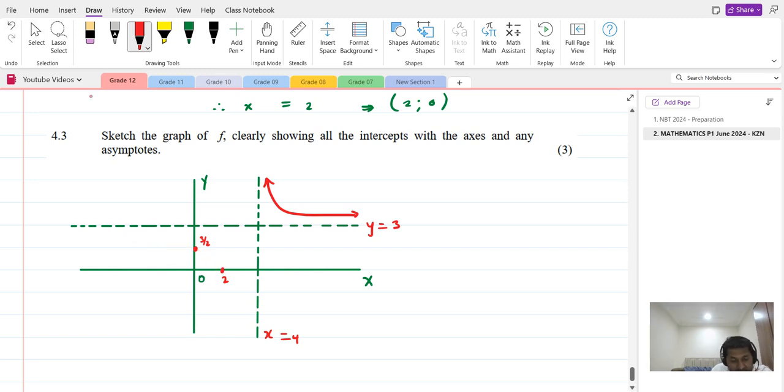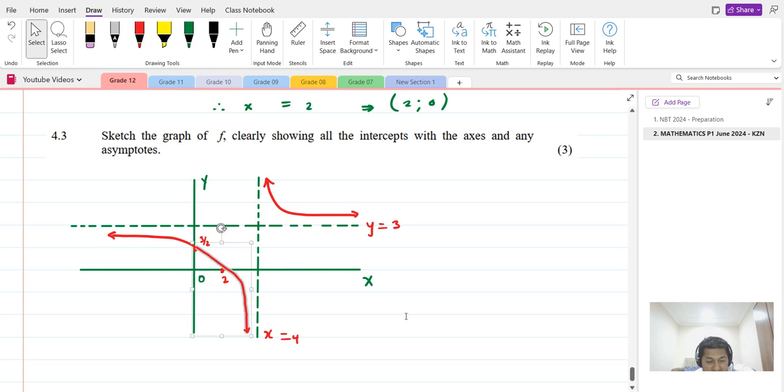I'll just try to make it a curve. Again, it's a hyperbola curve. That's going a bit off. And this part over here, not a straight line, I should curve it up here.